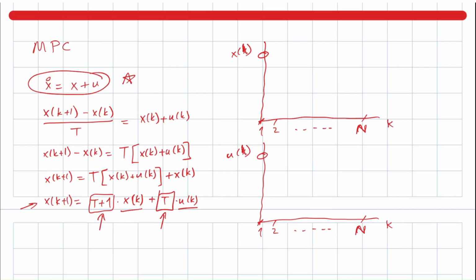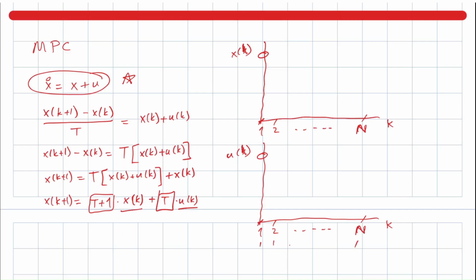And this control problem here can be viewed as an optimization problem, basically. And in that optimization problem, we need to determine 1, 2, dot dot dot, N numbers.